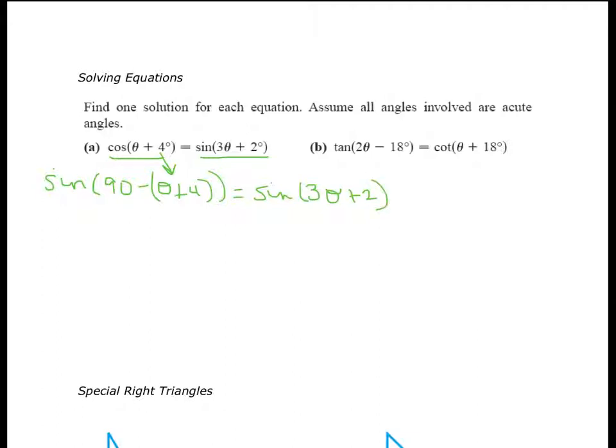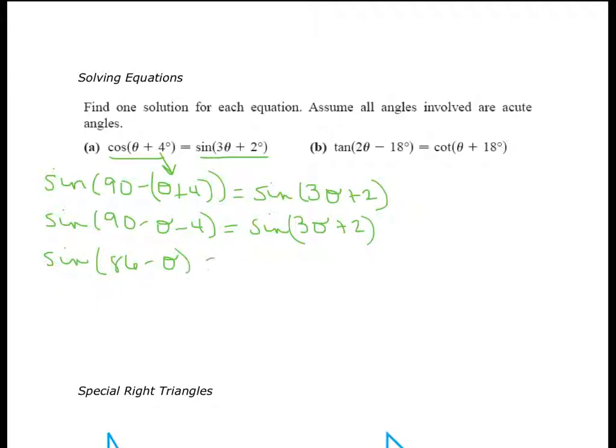And those are degrees. You have to distribute that negative sign through, so you're going to get 90 minus theta minus 4 equals sine of 3 theta plus 2, again in parentheses. So sine of 90 minus 4 is going to be 86 minus theta equals sine of 3 theta plus 2.